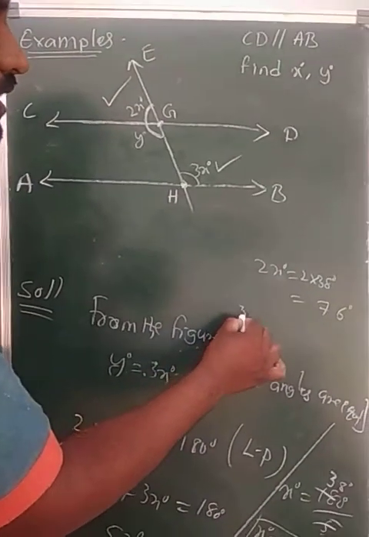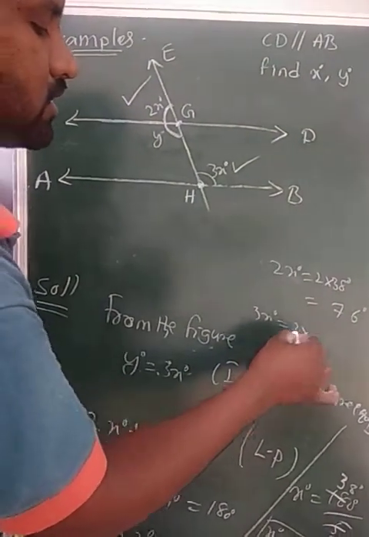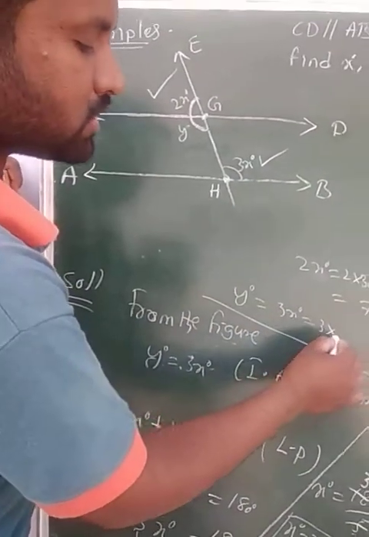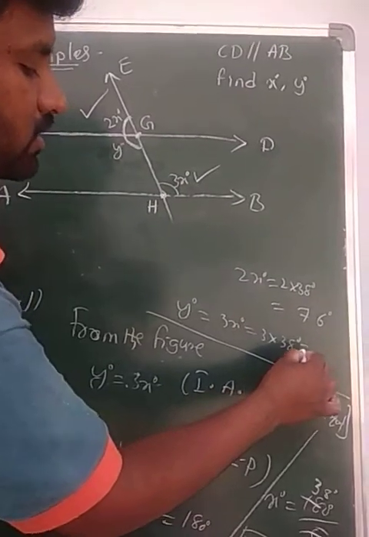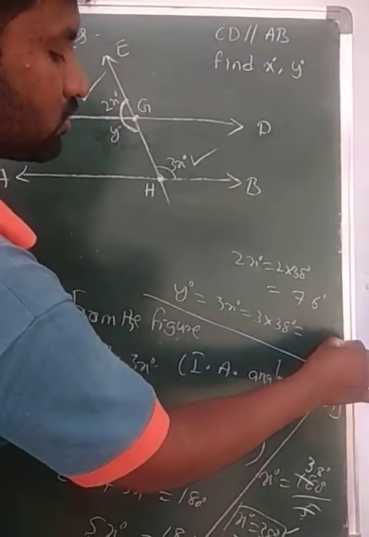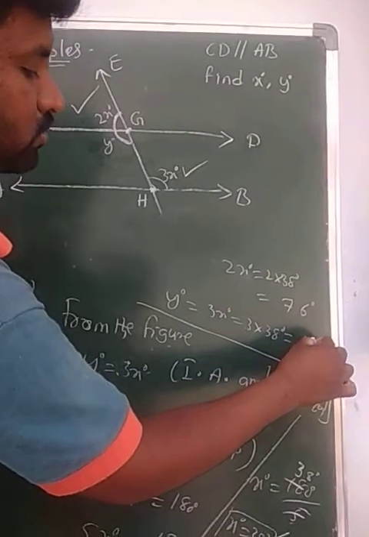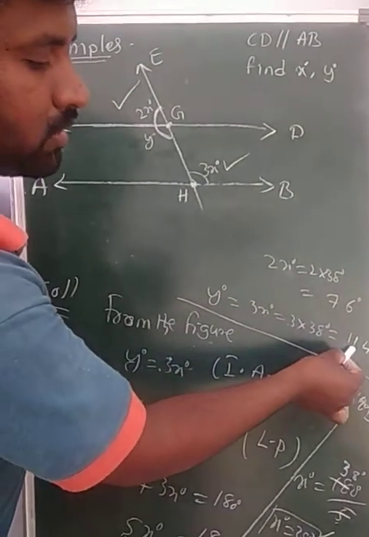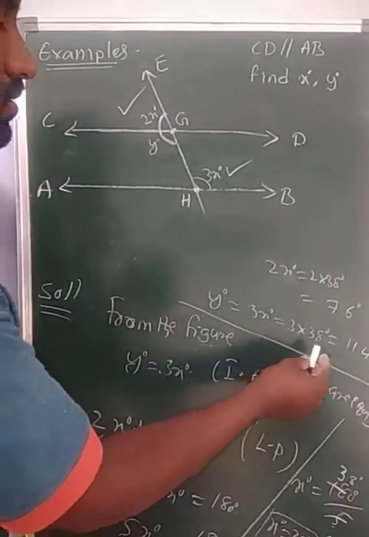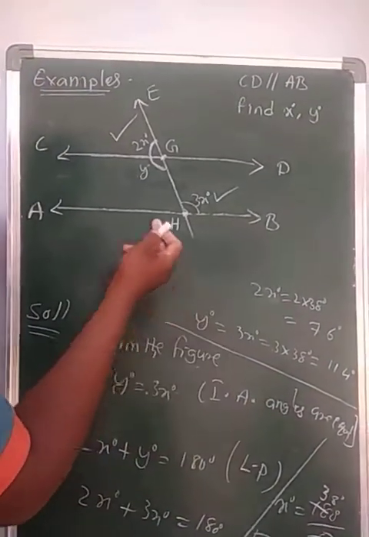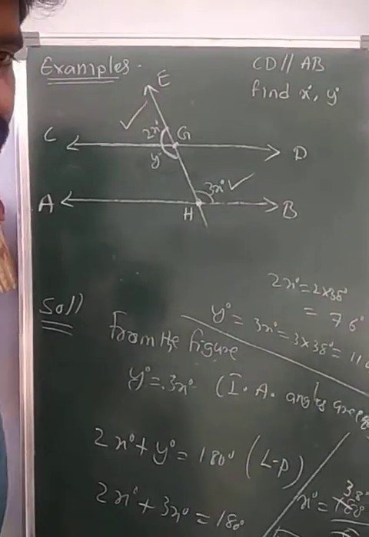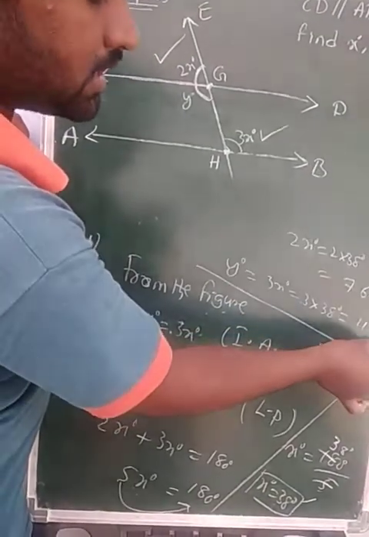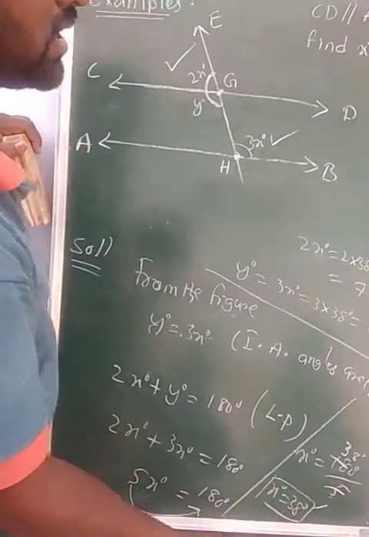And like that only, 3x degrees, that is y degrees, is equal to 3 into 38 degrees. 3 eights are 24, 3 threes are 9 plus 2 is 11, so 114 degrees. Now 114 plus 76. So these are the required angles. While we are going to add these two angles.